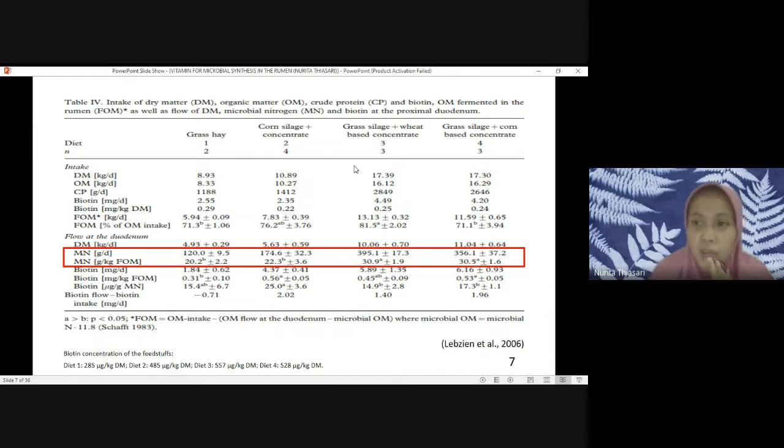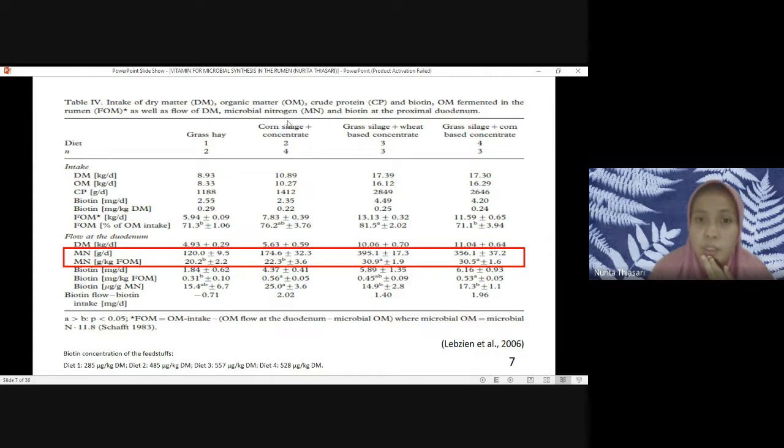Can I say that the wheat-based concentrate and the corn-based concentrate have higher energy for the microbes? So they compare between the wheat and the corn, and then it results in a higher number of microbial nitrogen because they have enough energy to synthesize the microbial nitrogen here, compared with the corn silage.